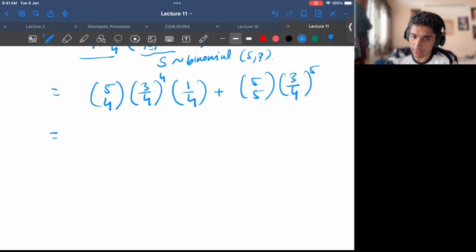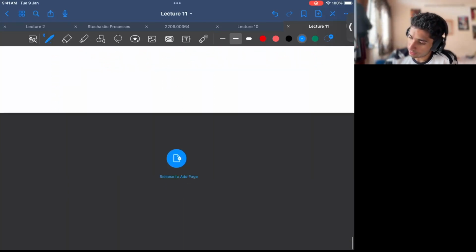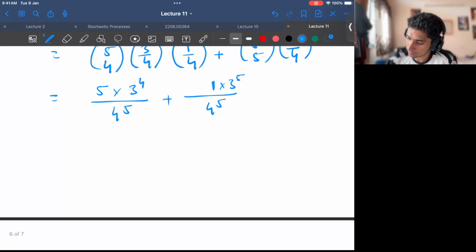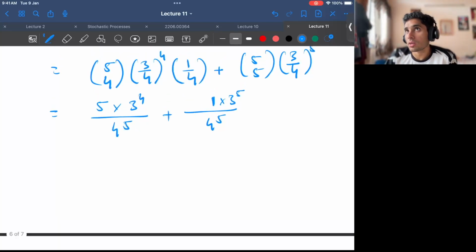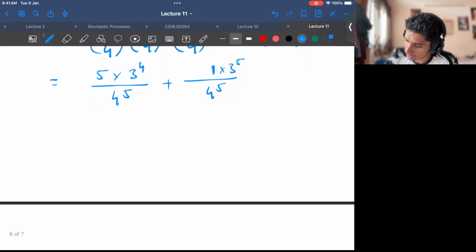So what is this thing? 5c4 is 5 into 3 raised to 4 by 4 raised to 5, plus 5c5 is 1 into 3 raised to 5 by 4 raised to 5. What will this become? Okay, don't even know how to calculate this.